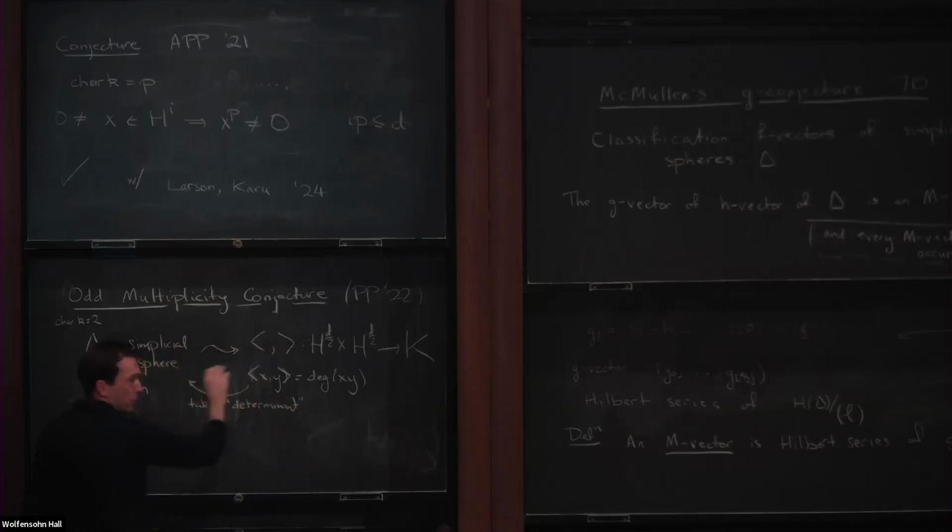If you take the determinant of this quadratic form, which is an element of k mod k squared, you can recover it. Okay, and so this is also true. That's also true. And this was joint work with Matt again, and Isabella Novik.